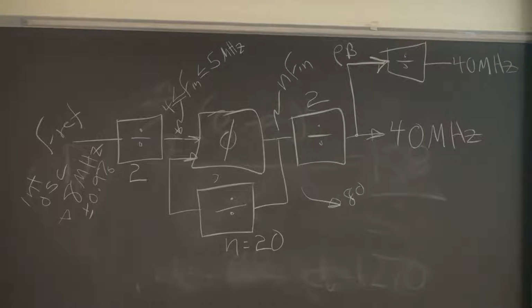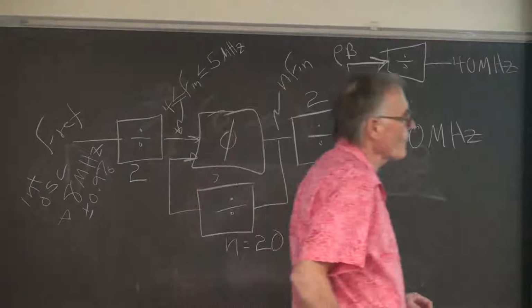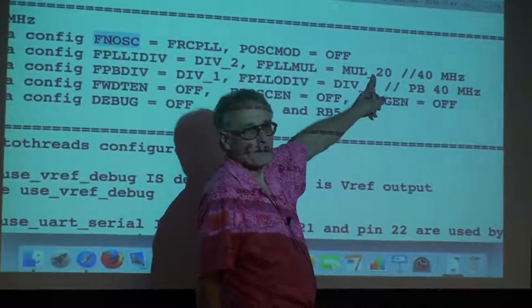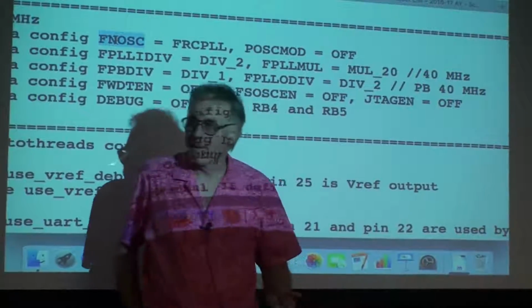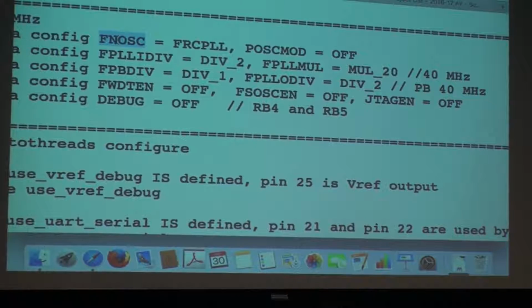How close to 50 megahertz can you get? Partly how close you can get depends on the range you're allowed to set here. I can't remember how high it goes, but I think it goes at least to 22.